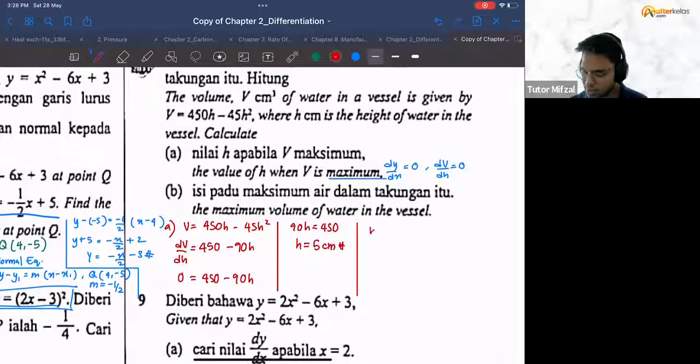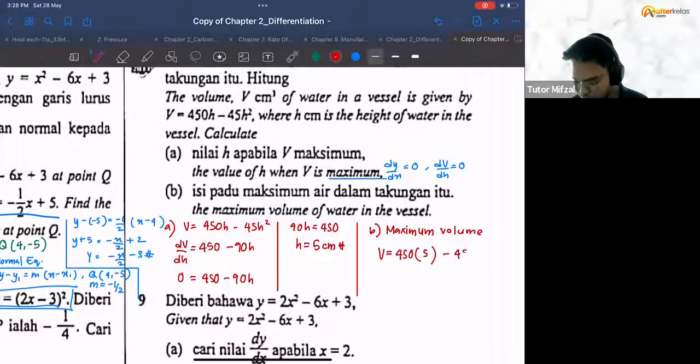Now B, they ask you the maximum volume. So kalau maximum volume, you must use the maximum height lah, betul tak? Okay, if you want to find the maximum volume, then everything must be maximum. So your height is also maximum. So the maximum volume of water in the vessel would be V equivalent to 450. You substitute balik the value of 5 minus 45, 5 kuasa 2.